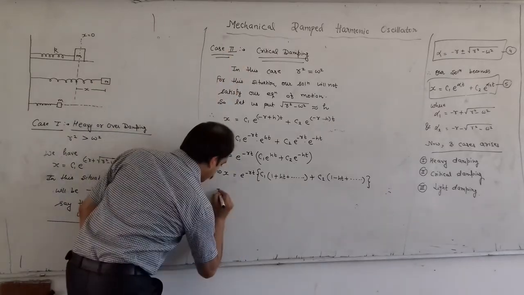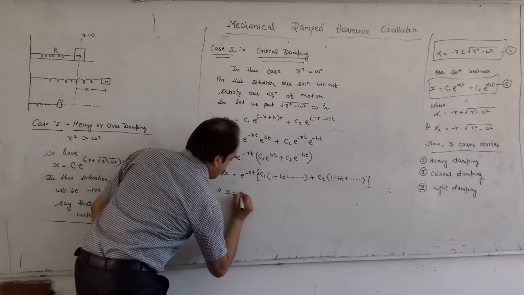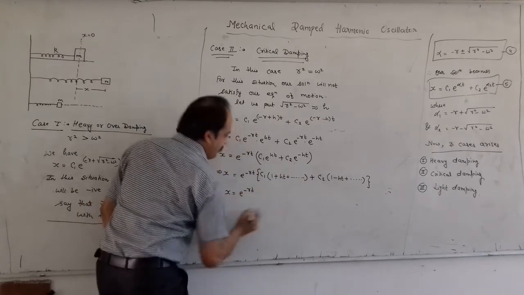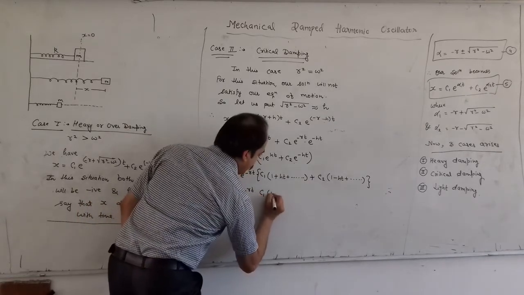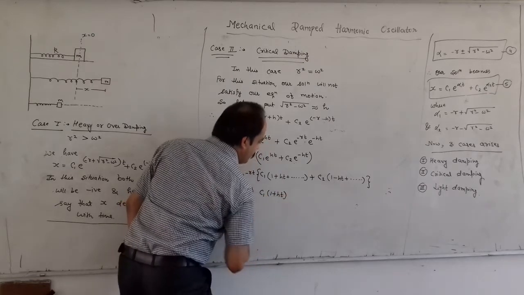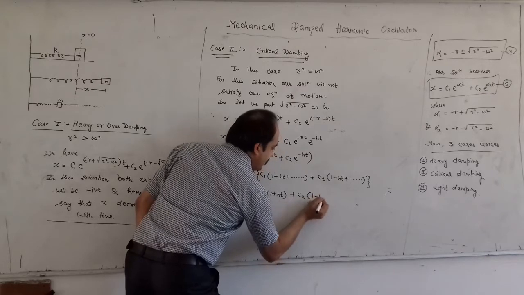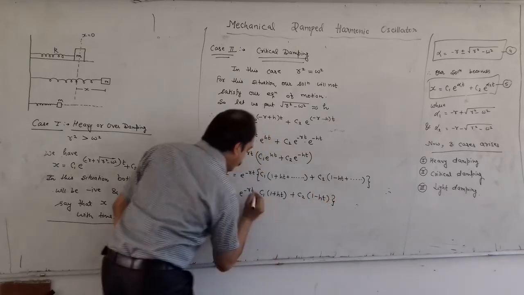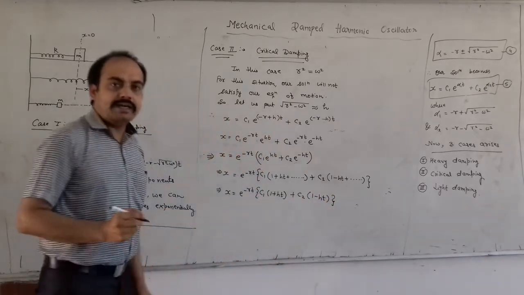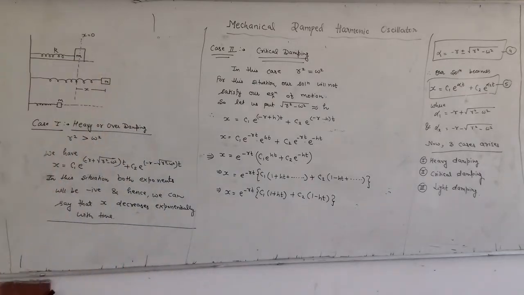We write e to the power minus rt, c1 times 1 plus ht, ignoring higher order terms, plus c2 times 1 minus ht, again ignoring higher order terms, right?